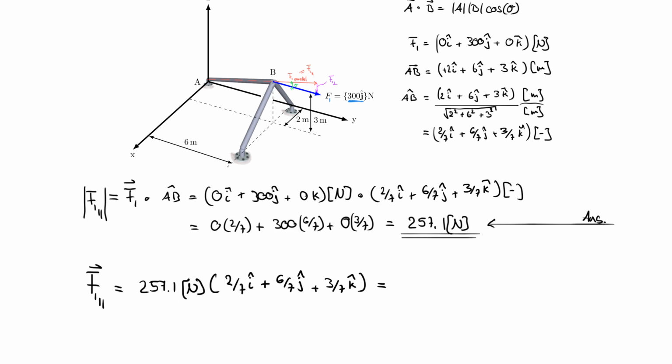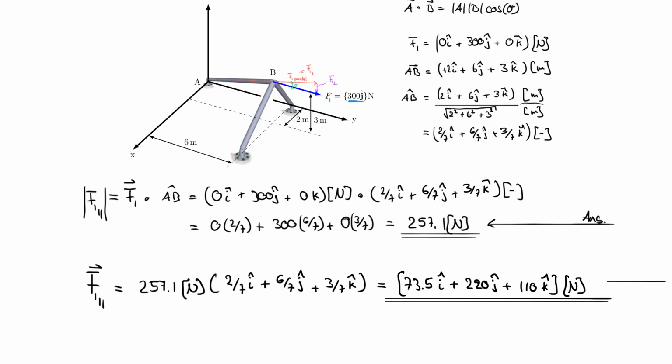And if you run the math here, what you will find is that you end up with 73.5 i hat plus 220 j hat plus 110 k hat. And this once again is in Newton. So now I end up with another result that is part of my answer. So I better provide an answer arrow.